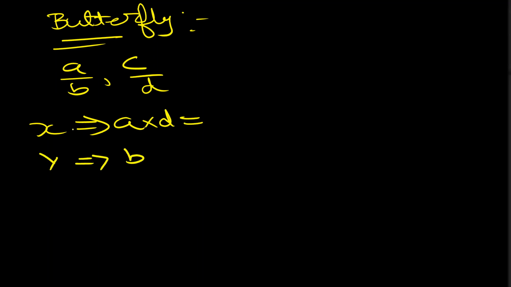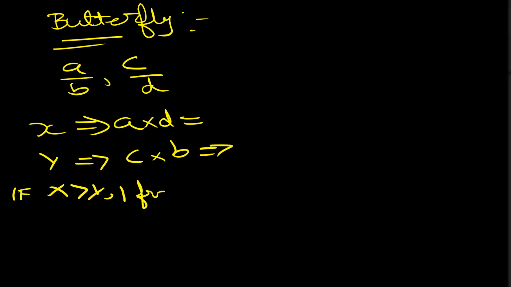So I'm supposed to multiply two things. X is A into D, and Y is C into B. One numerator and one denominator. Now my condition is: if X is greater than Y, the first fraction is greater.